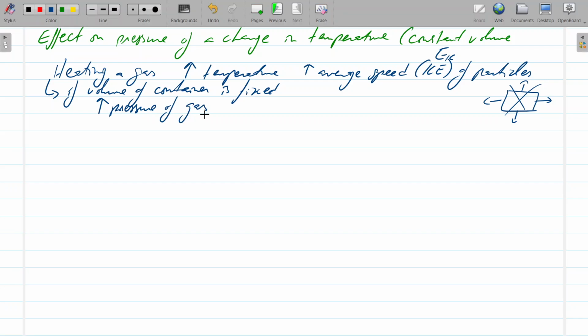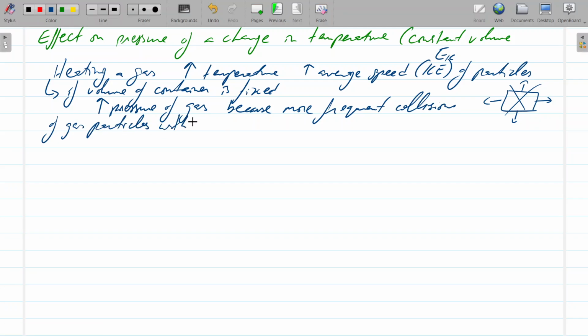For reasons that you already covered, because there are more frequent and more violent collisions of the gas particles with the walls of the container, with more force. That's something we already covered.